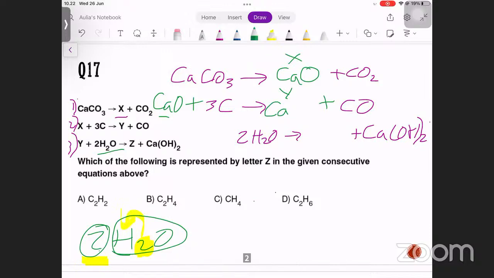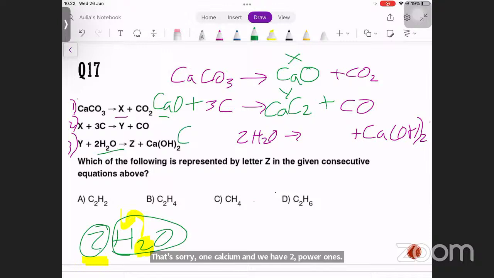So yes, only one calcium and we have two carbons. So the identity of Y is CaC2. I will rewrite it here. CaC2 plus 2H2O becomes Z plus Ca(OH)2.